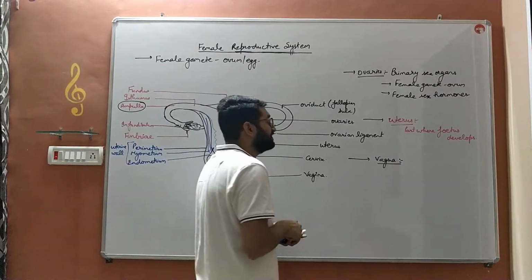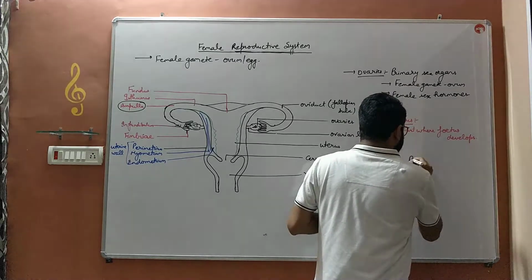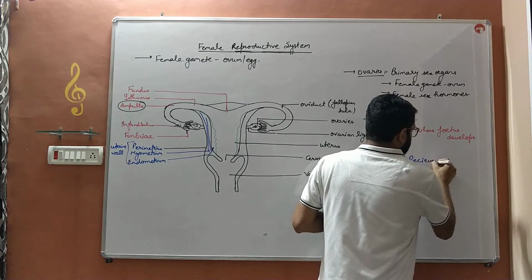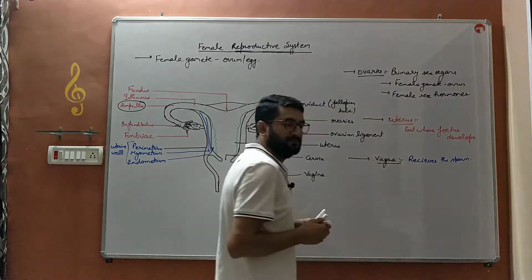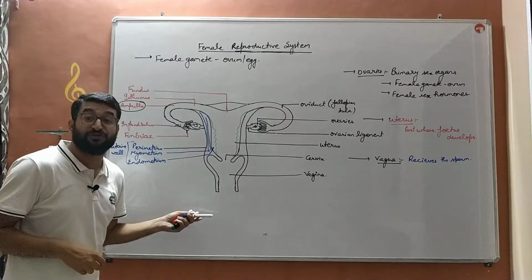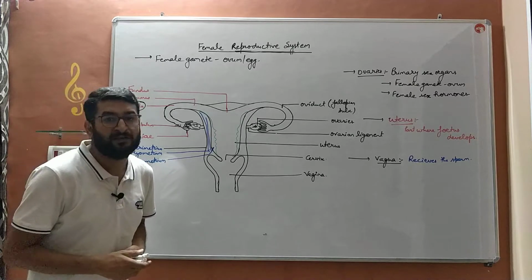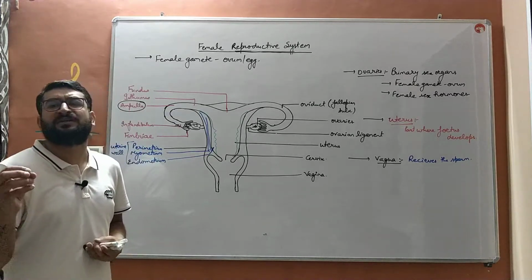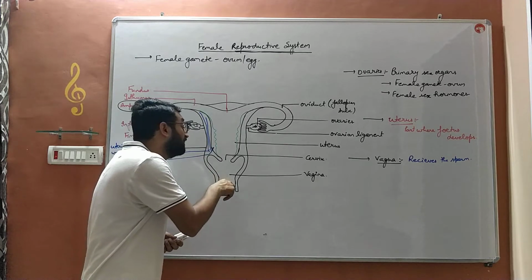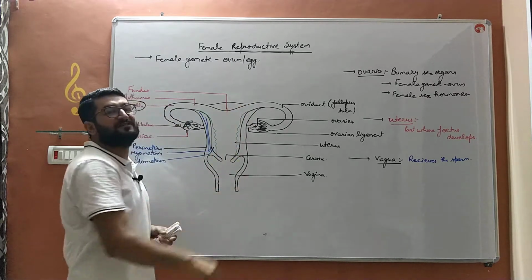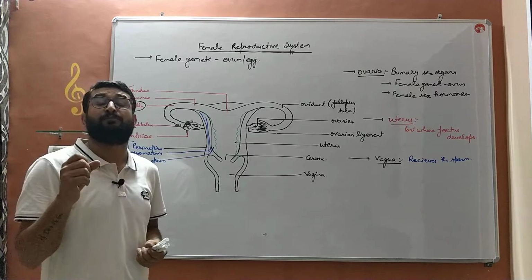Vagina receives the sperm. It receives the semen. It is the part where copulation or intercourse takes place by the male, and then release of semen takes place. From this part, the sperm which is present in that semen will move towards the fertilization point, that is ampulla.